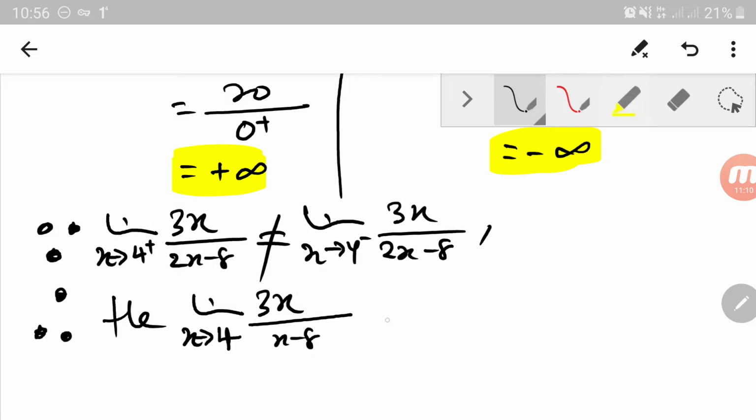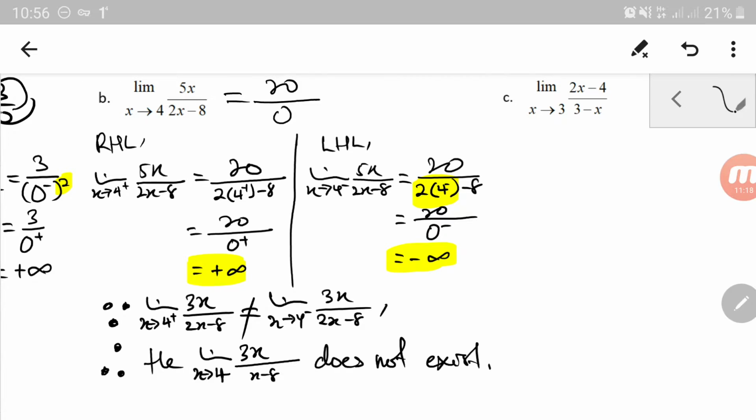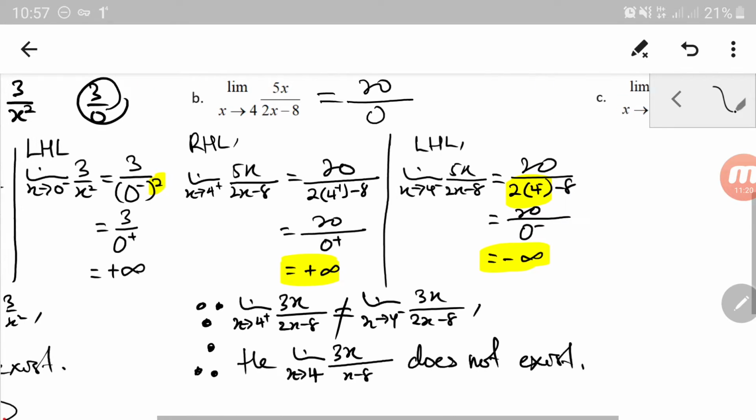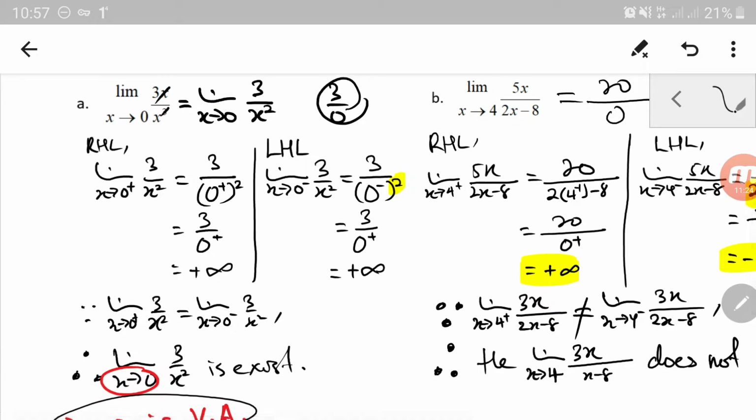The limit does not exist. Okay, so this is one example whereby the limit does not exist, and this one whereby the limit exists.